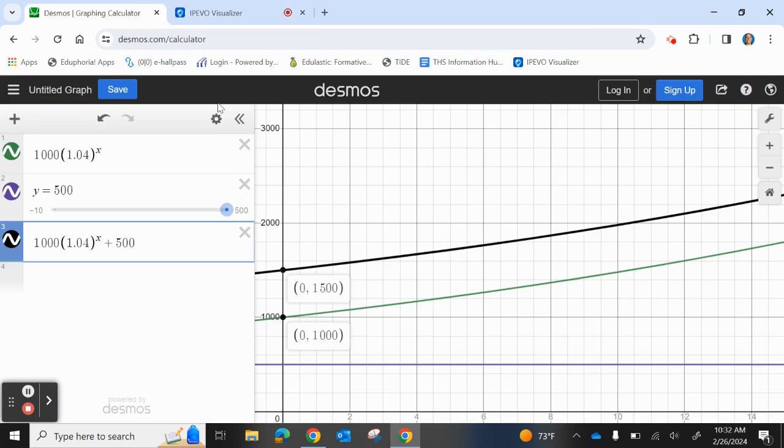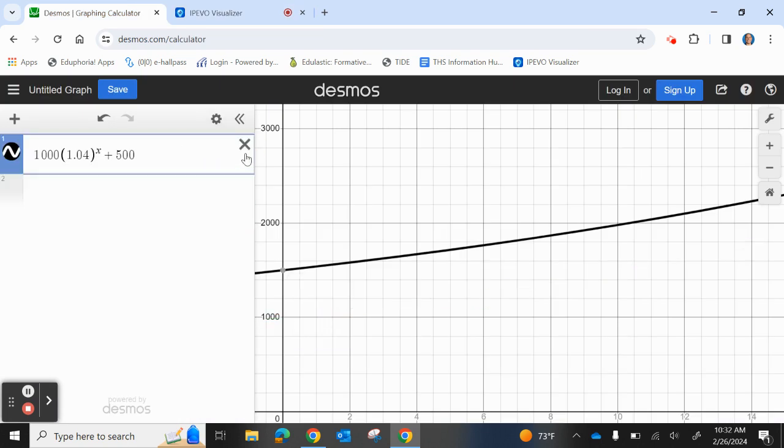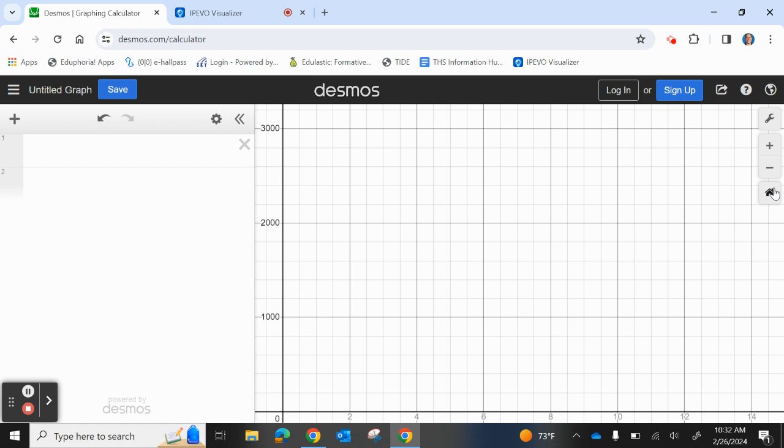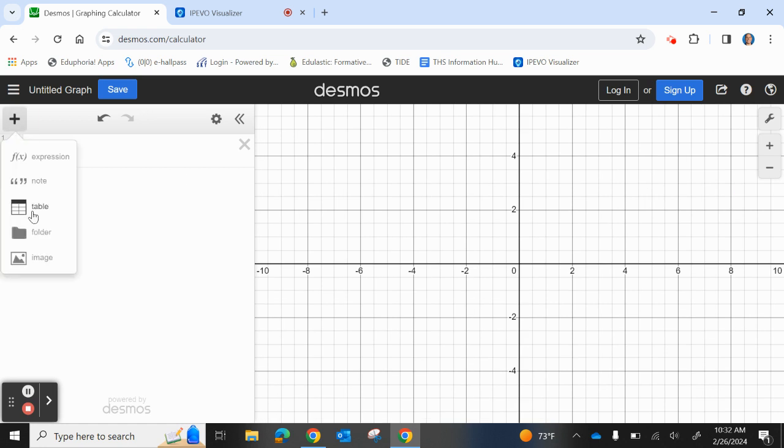1. Model the situation. Create a scatter plot in Desmos. Okay, so let's go ahead and do that. So we're going to add a table.